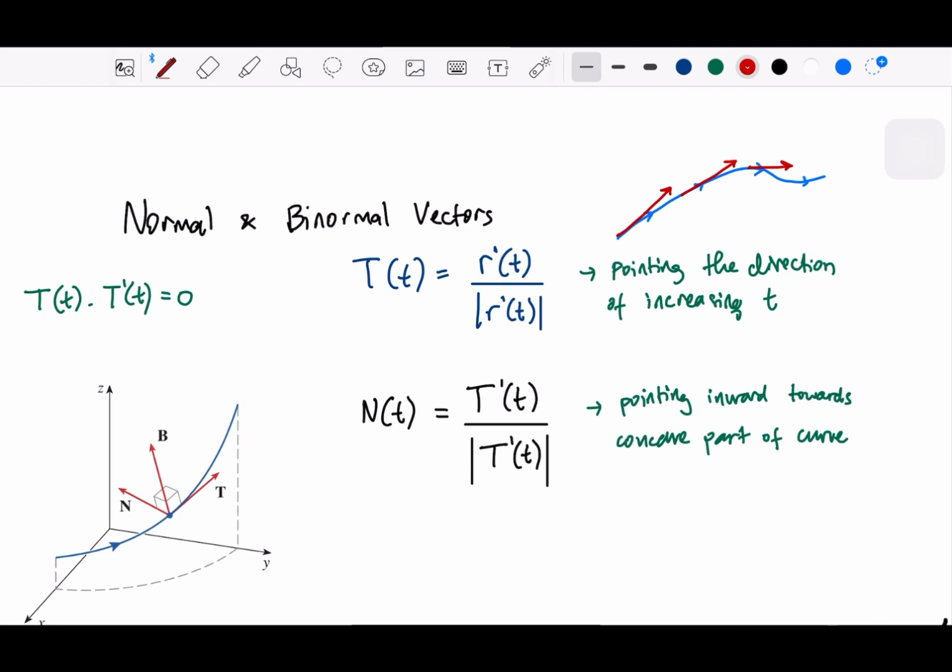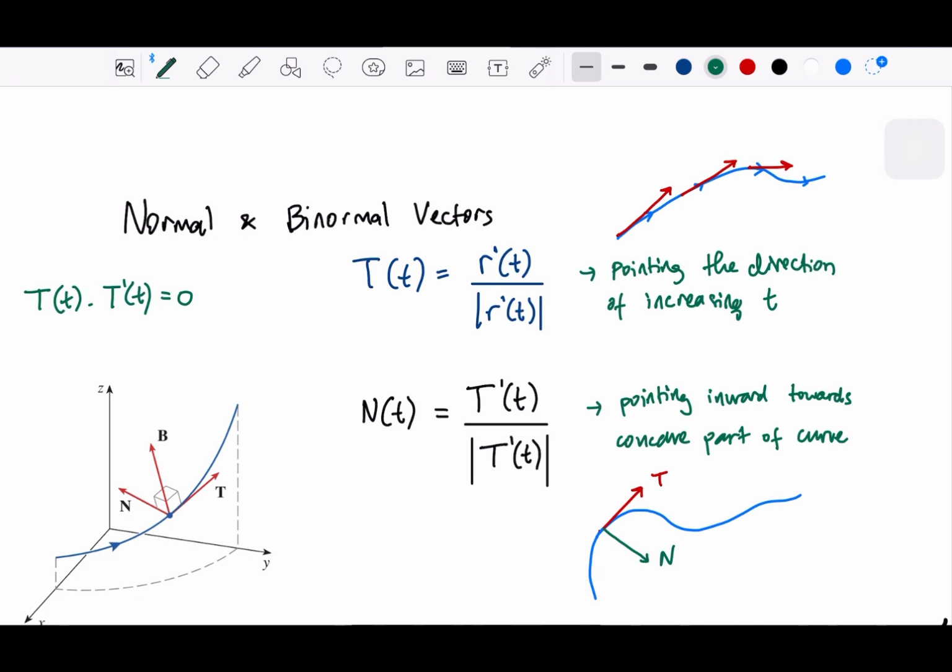Meanwhile, the normal vector, because we define it as the derivative of the unit tangent vector, which is orthogonal, then for every t, and suppose that this is the concave part, the normal vector is going to be inwards, that way, and orthogonal to T. So this will be the N. It's the same as the picture on the left.